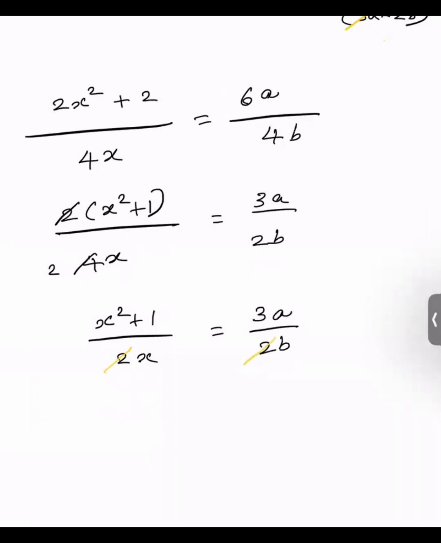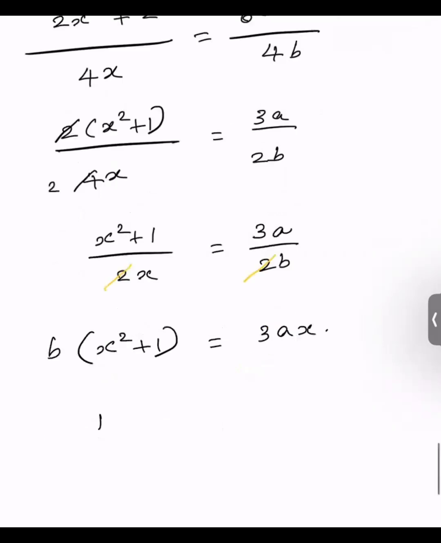If I take that to the right hand side, it can anyway be cancelled out. So this is gone. So what I have, X square plus 1 into B is equal to 3AX. So this would be BX square plus B minus 3AX equal to 0. Look at the question. It is BX square minus 3AX plus B equal to 0. Hence proved.